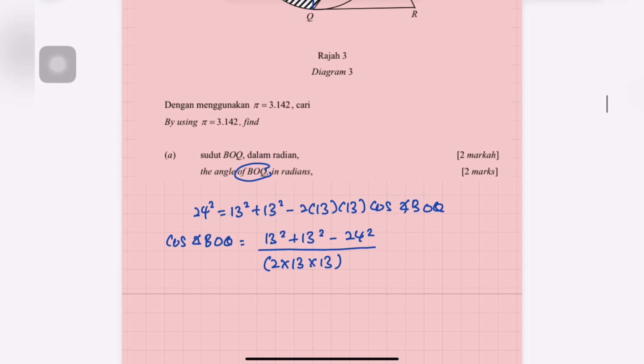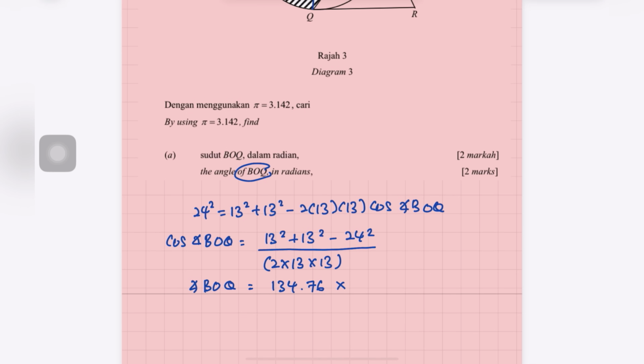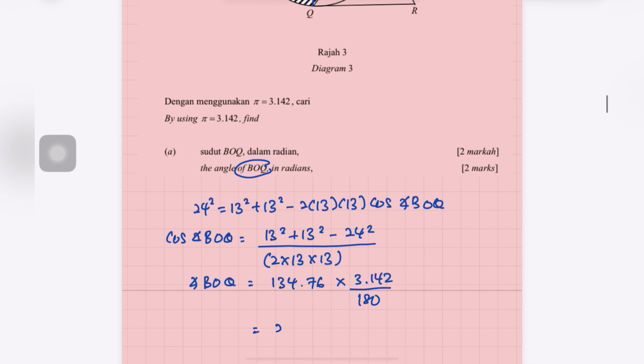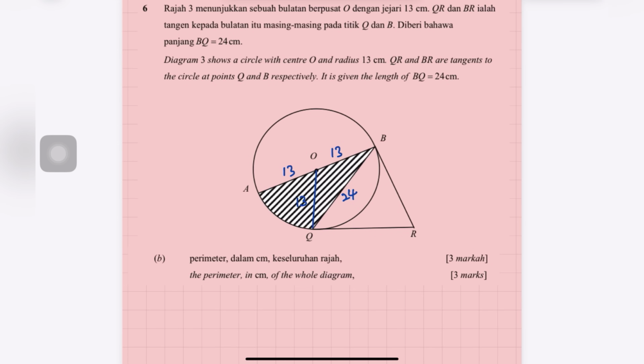To find the angle we shift cos on all these values. So we get angle BOQ is 134.76. But we have to give the angle in radian, so times pi over 180, given pi is 3.142 over 180. So angle BOQ in radian is 2.3523 radian. B, find the perimeter in centimeter of the whole diagram.